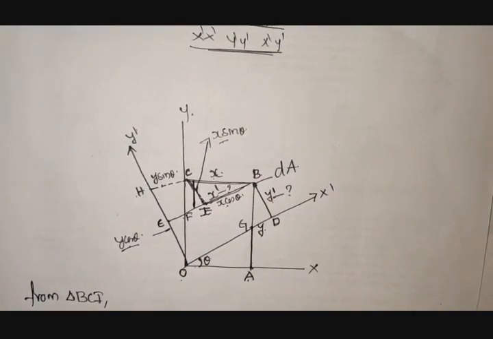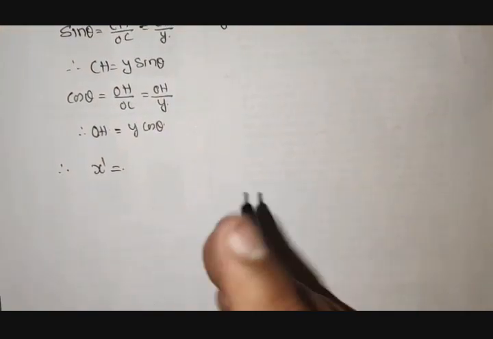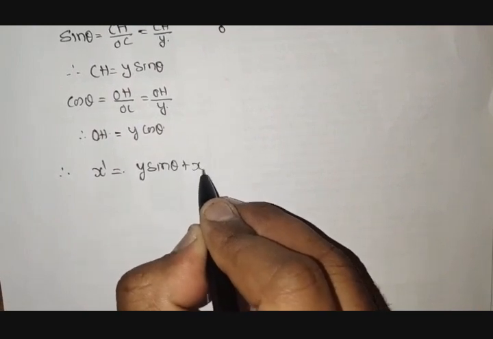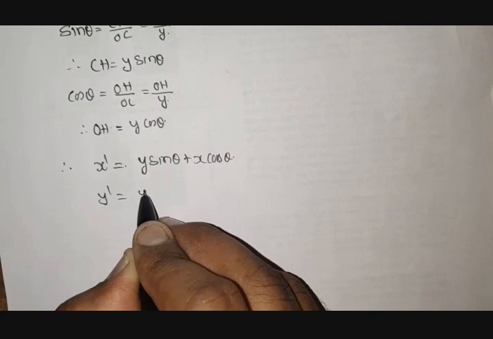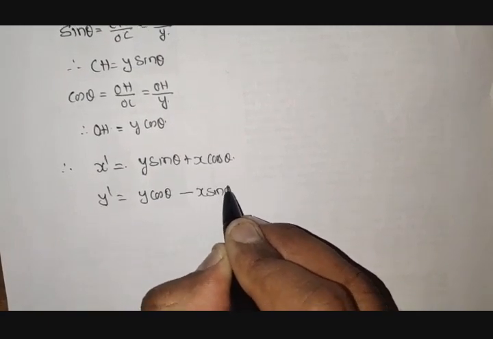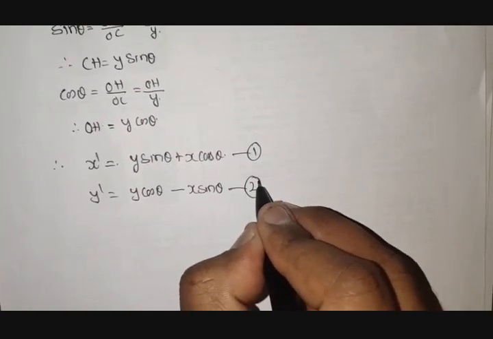That's why the minus comes up. So X dash is equal to Y sin theta plus X cos theta. Similarly Y dash is equal to Y cos theta minus X sin theta. Make this equation number 1 and this equation number 2.